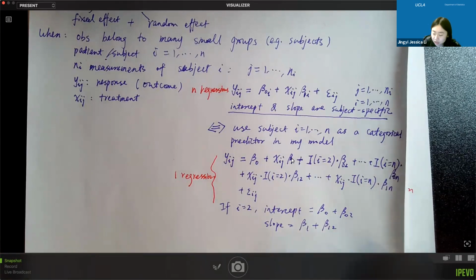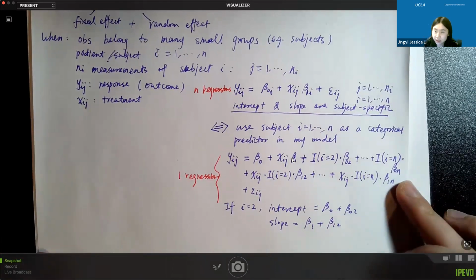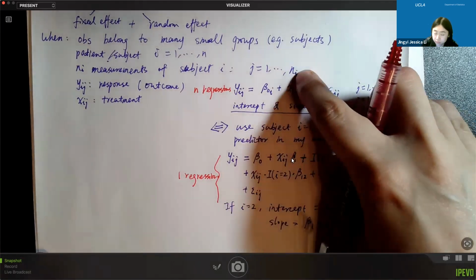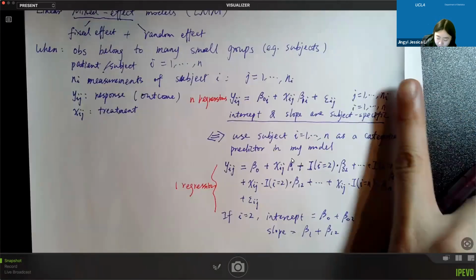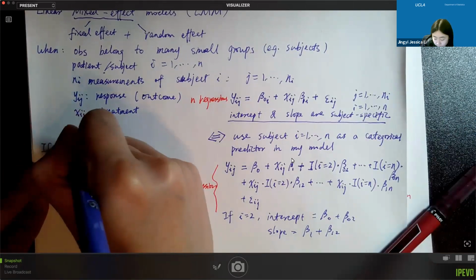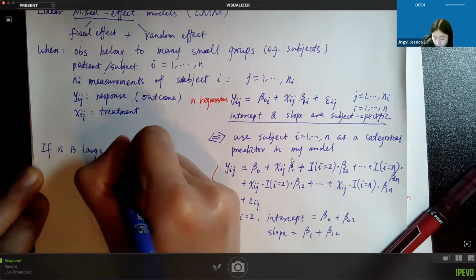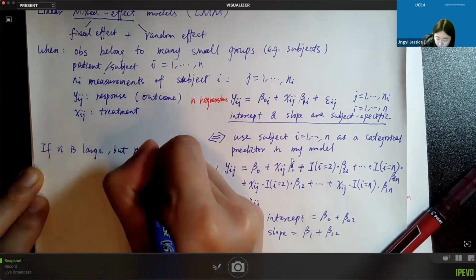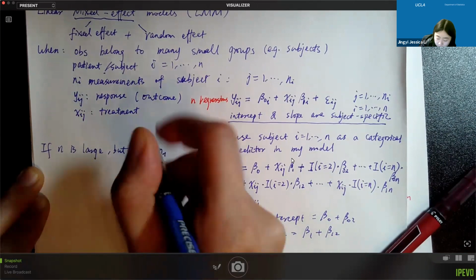But this is not really desirable if N is large, but N1 to Nn are small.